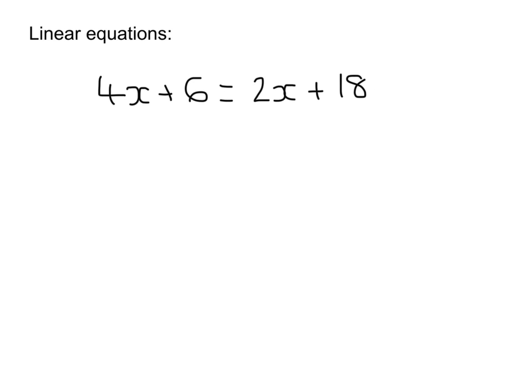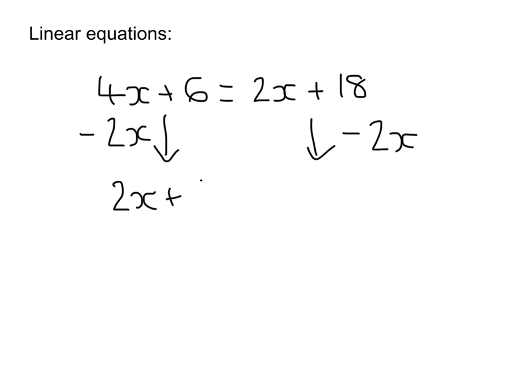Now, if I take 4x away, remember, I have to do it to both sides. So that means I'll have minus 2x on the one side. However, if I take just 2x away, I'll be left with positive 2x on one side. So again, I do my scaffolding, and I'm going to take 2x away. And when I take 2x away from 4x plus 6, I'm left with 2x plus 6.